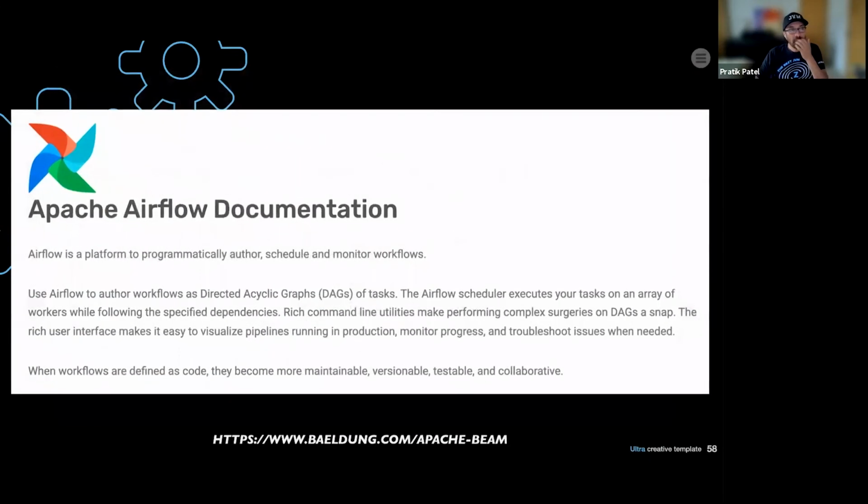Okay. And also, one of the nice things, as I mentioned before, is that a lot of these open source projects, especially Apache big data projects, work well together. So there's another project called Apache Airflow, which allows you to programmatically build, schedule, and monitor these workflows.